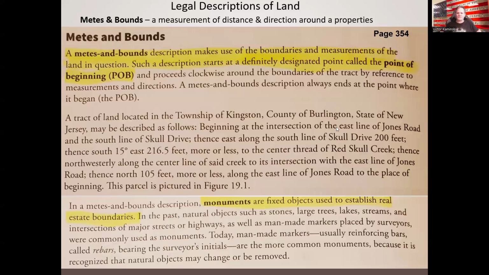Beginning at the intersection of the east line of Jones Road and the south line of Skull Drive, thence east along south line of Skull Drive 200 feet, thence south 15 degrees east to 16.5 feet, more or less, to the center thread of Red Skull Creek, thence northwesterly along the center line of said creek to its intersection. So good luck finding the boundaries of your property reading that.